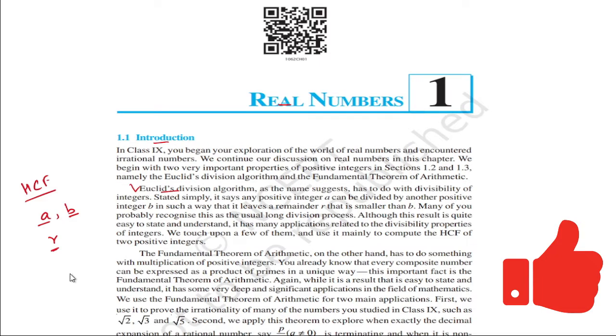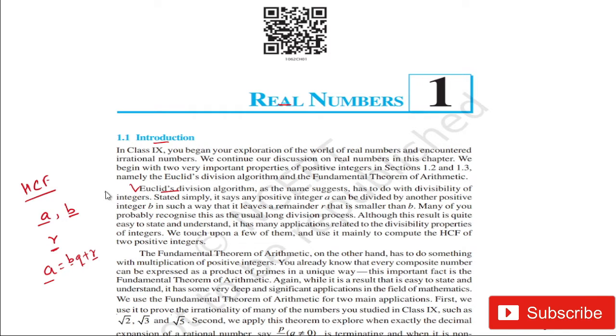Here it is satisfied that a = bq + r, where a is the dividend, b is the divisor, q is the quotient, and r is the remainder. We will learn this elaborately later in this video, along with positive integers, where a and b are two positive integers.